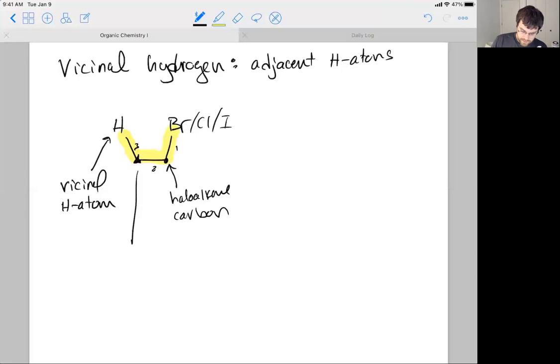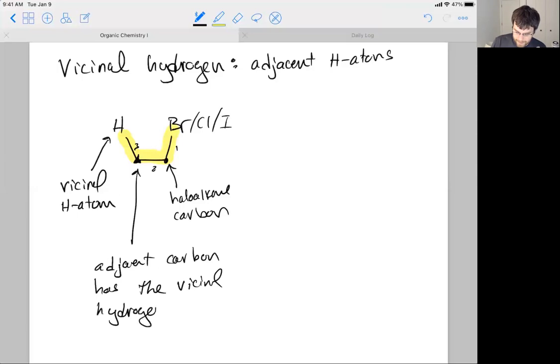Then triangle, this is my adjacent carbon, and my adjacent carbon has the vicinal hydrogen atom.